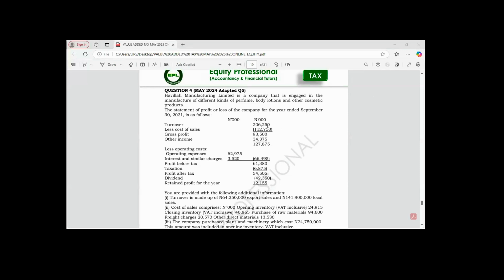Look at the turnover, 206,250. Under the notes, you have two categories of turnover, export and local. So my question now is, out of these two turnovers, both the export and local, which one is going to be liable to VAT?